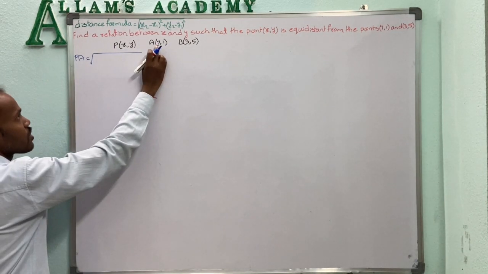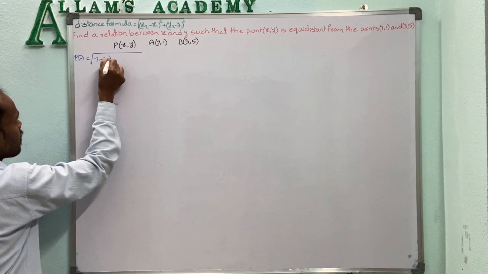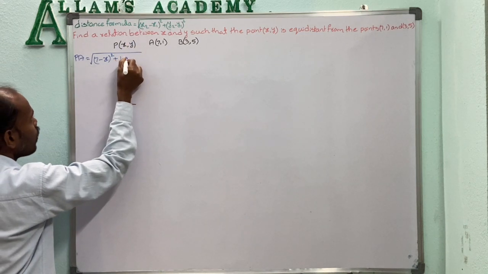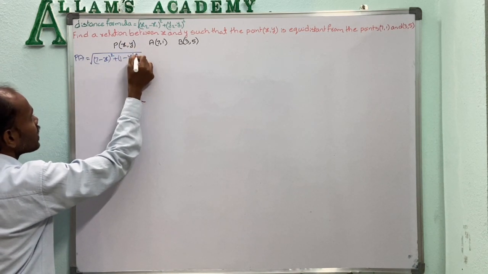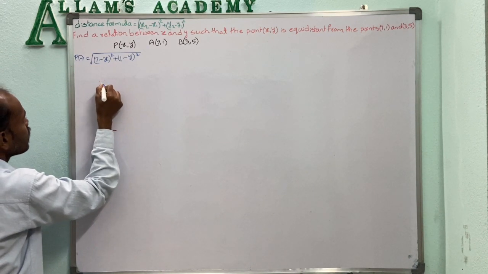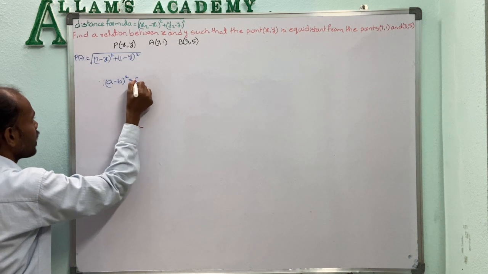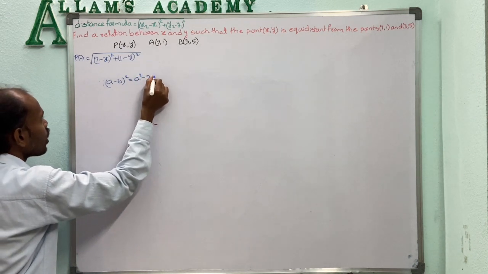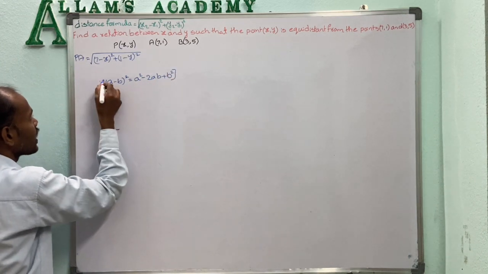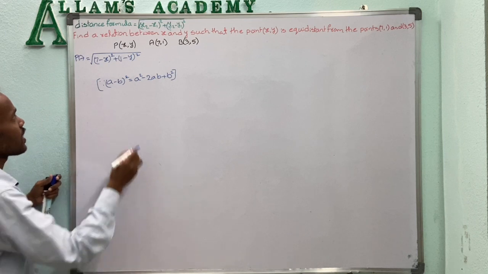That is x2 minus x1, 7 minus x whole square, plus y2 minus y1, 1 minus y whole square. Now it is in the form of a minus b whole square. So a minus b whole square is equal to a square minus 2ab plus b square. Applying that principle to 7 minus x, 7 is taken as a and b is taken as x.